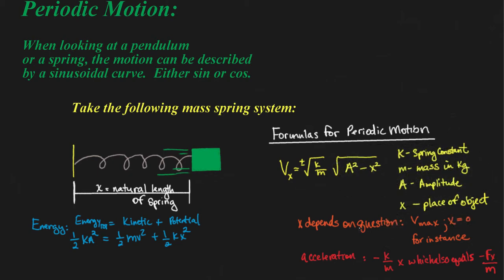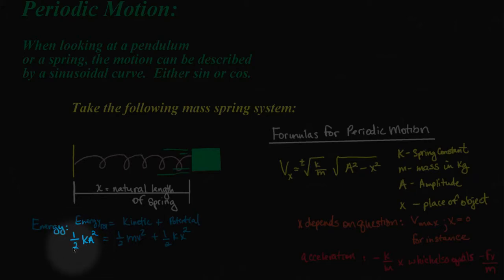All right, so energy we have is constant in this motion, provided there's no external forces, no friction or anything like that. And it's going to be 1/2 k amplitude squared. If they want general energy question, use this formula at the left side. If they give you a position like fully compressed or fully elongated or at the natural length of the spring, then you're going to use the right half, knowing that when it's fully compressed or fully extended, the velocity is 0.